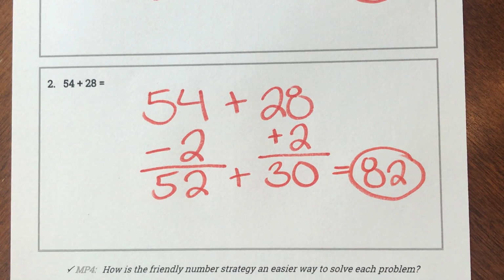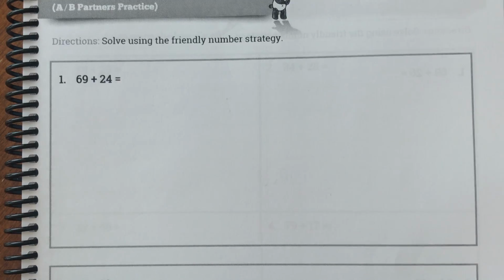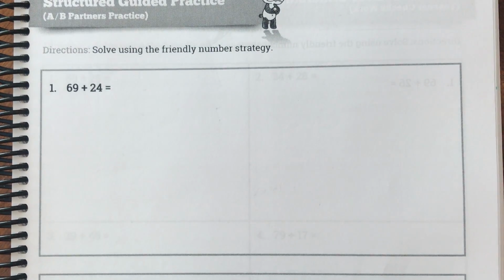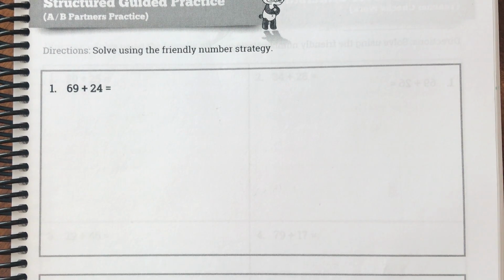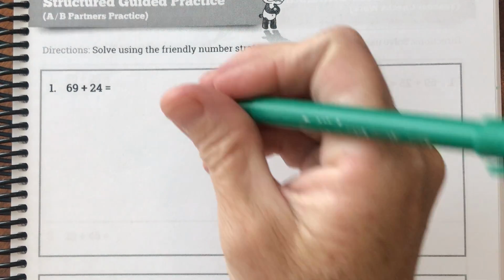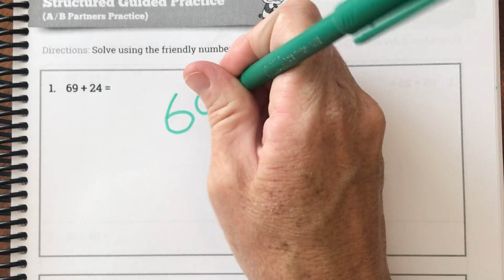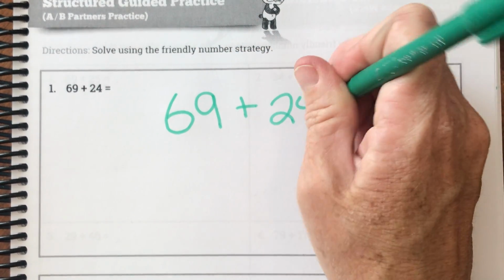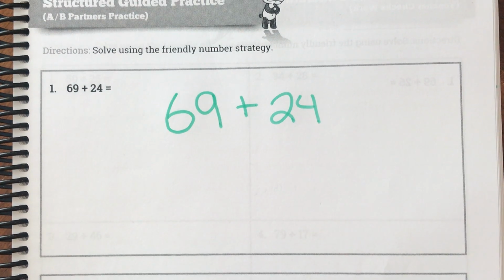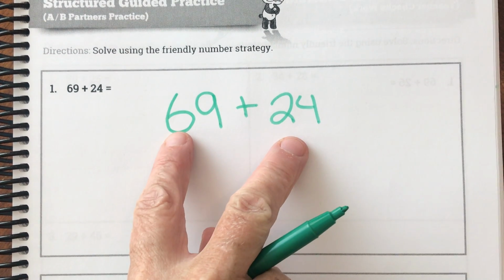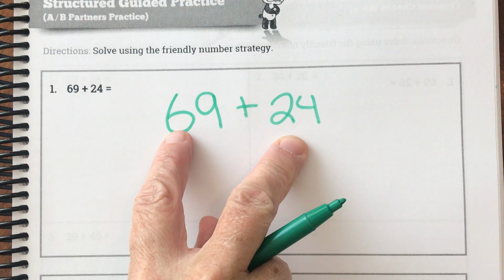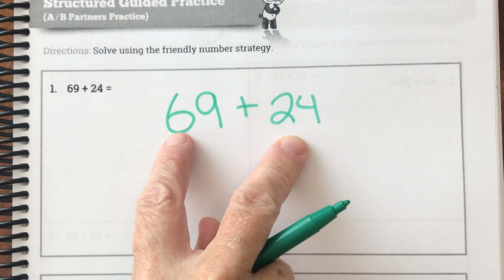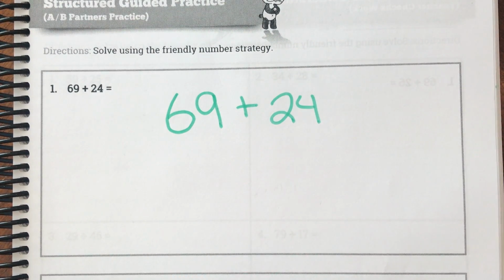Okay, let's do some of those together, boys and girls. Today, we're going to be on page 188. And here's our first problem. Our first problem says 69 plus 24. Okay, friends, I want us all to write it right here. And now we have to ask ourselves, which one of these addends is close to a friendly number? Which one of these addends is close to 10, 20, 30, 40, 50, 60, 70?